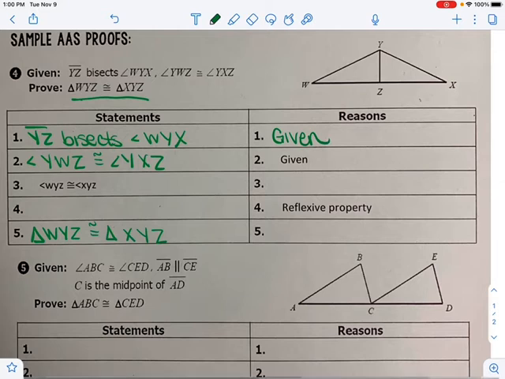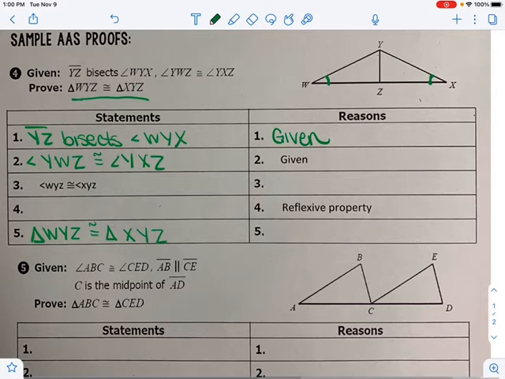Now that I'm done copying all the free information, I'm going to mark up the picture where I can. First bit of information that I can mark up are my 2 congruent angles from statement 2, YWZ. So this angle is congruent to YXZ. So I'm going to mark those with the same amount of markings. And next thing I'm given in this proof is statement number 3, angle WYZ.